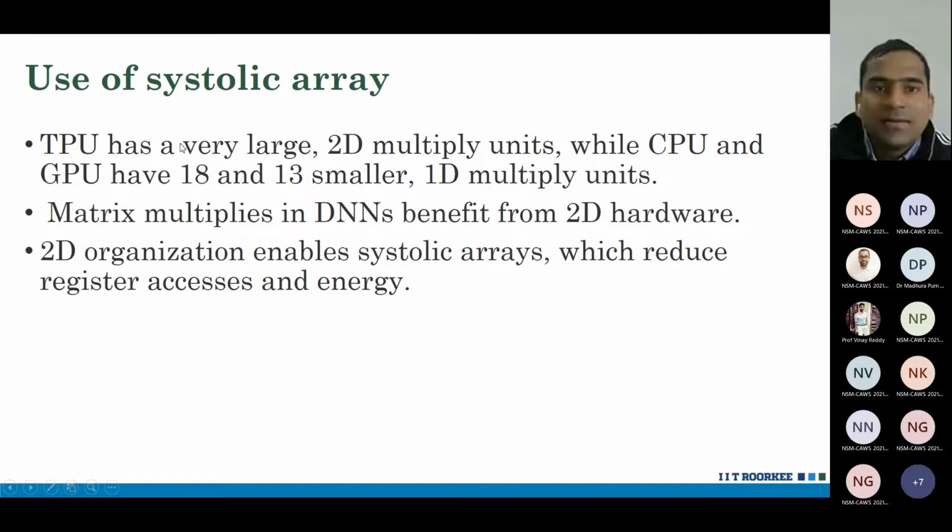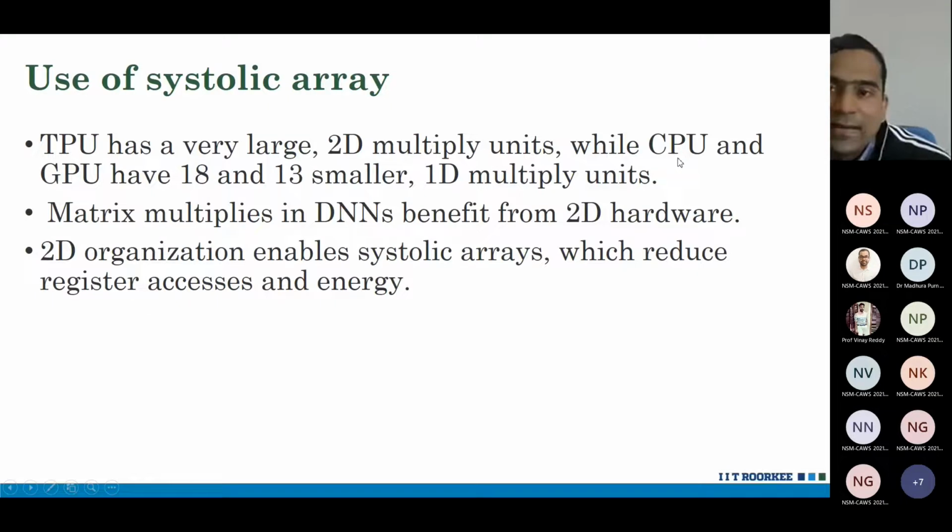TPU has one large 2D multiply unit, whereas the CPU and GPU, which I will tell what exactly is in the next presentation, those have only 1D multiply unit. So I think someone was asking, can we use some other architecture than systolic array for doing multiplication? Yes. That's what CPUs do.